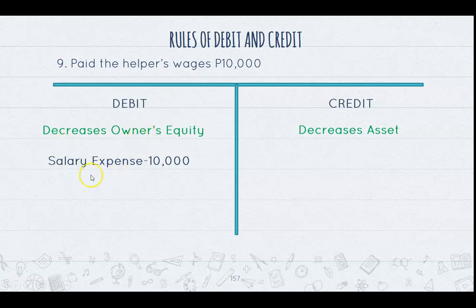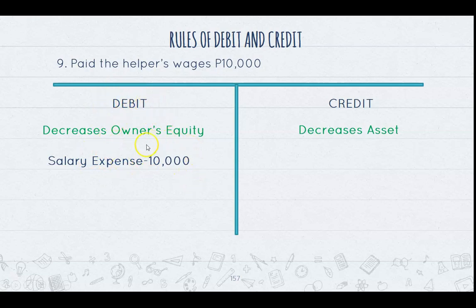Diba kasi doon sa ating expanded accounting equation, kung babalikan natin, ang owner's equity ay capital plus revenue, capital minus drawings plus revenue minus expenses. So, meaning to say, lahat ng expenses decreases owner's equity and always, remember, always debit. Lahat ng account title na may expense, laging debit.